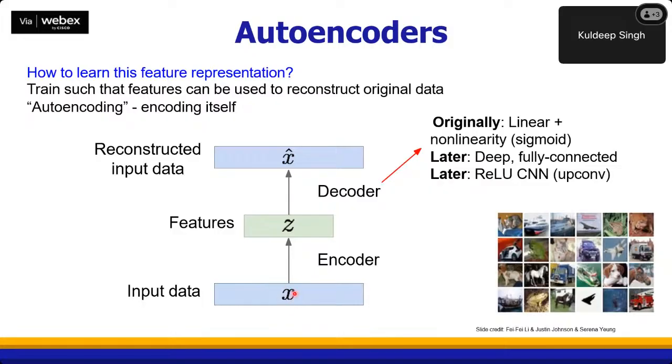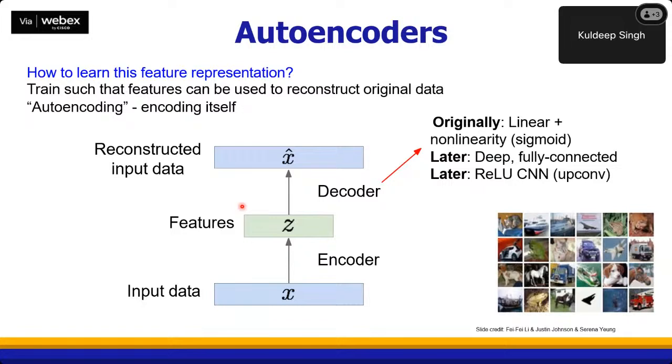So we are giving X as input to the encoder. This encoder gives us a latent representation, a smaller dimension representation Z. And from this Z, using this decoder network, we are reconstructing the input itself. So this X cap is the reconstructed input.